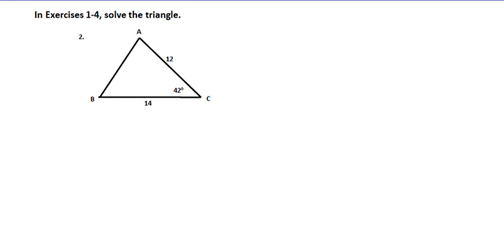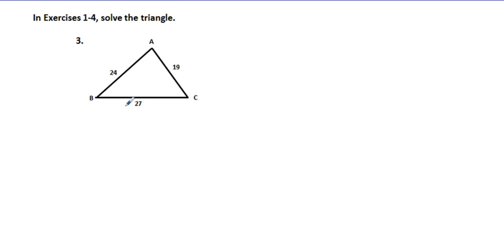Let's go to problem 3. Solve the triangle. Well, here we just have sides, so we're going to have to use the law of cosines again. And to do this, we're going to use the version with the longest side solved.